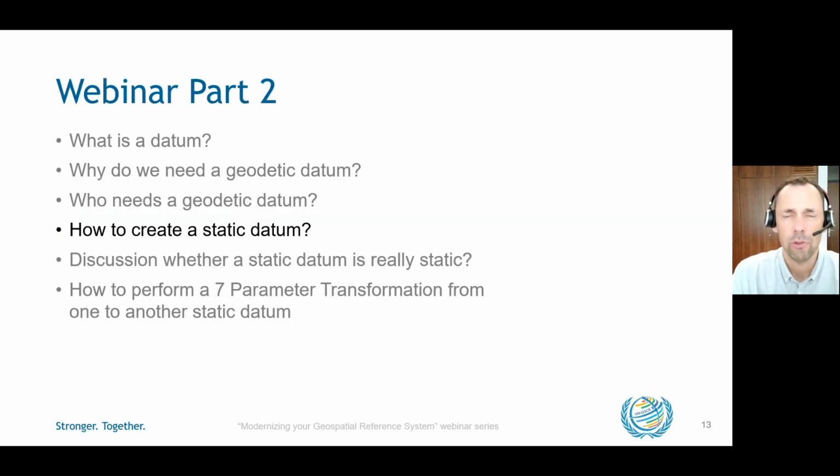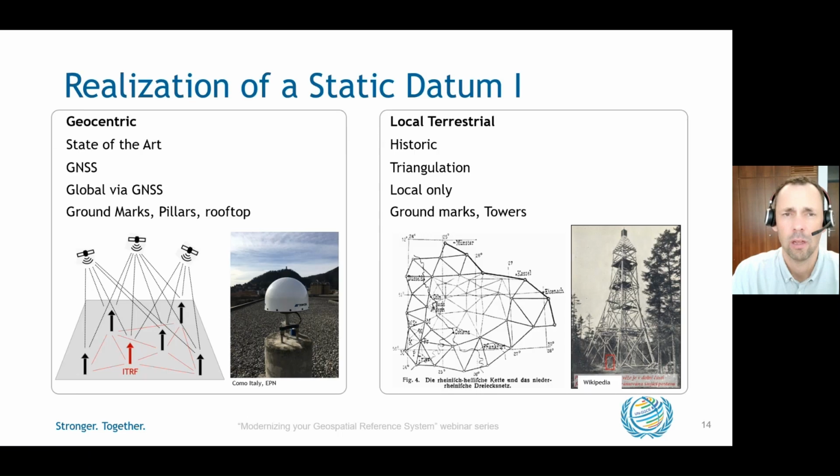Now that we have introduced the static datum, we can look at how it can be realized. In general, there are two different ways a datum can be realized. Remember, the purpose is to define points of reference in the country. First, in the box on the left, the geocentric one using GNSS, mostly with active antennas on chosen ground marks, pillars, and rooftops. Taking the observations from GNSS, they are connected directly to ITRF and therefore geocentric.